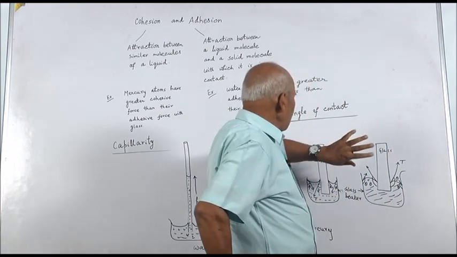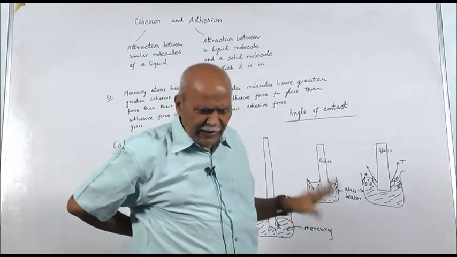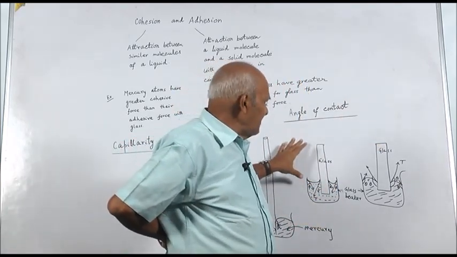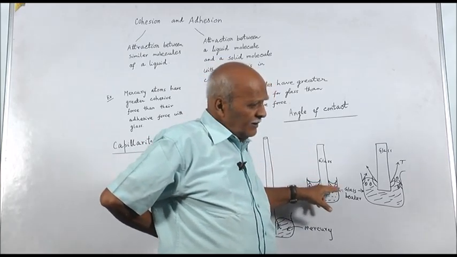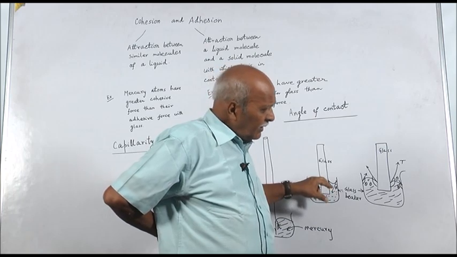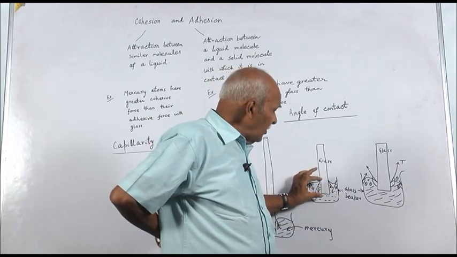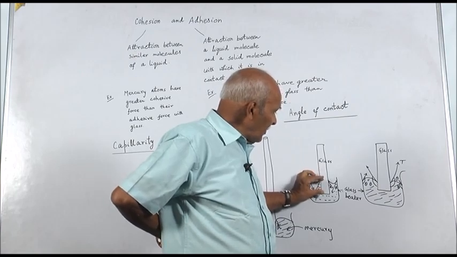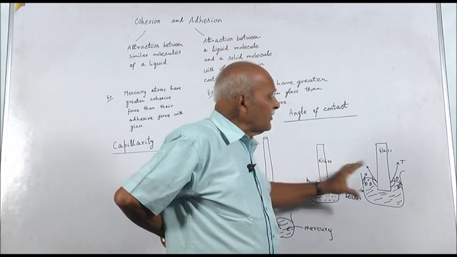Angle of contact can be defined as the angle made by the tangent at the point of contact with the portion of the solid that lies inside the liquid.